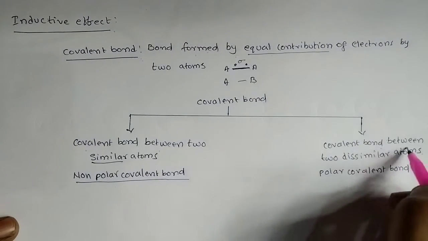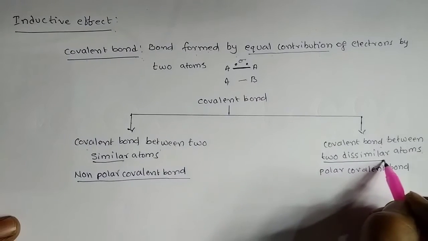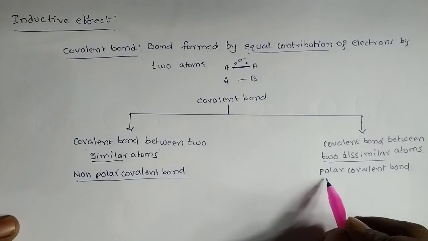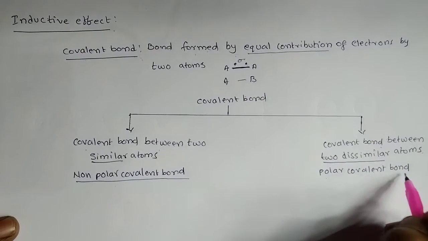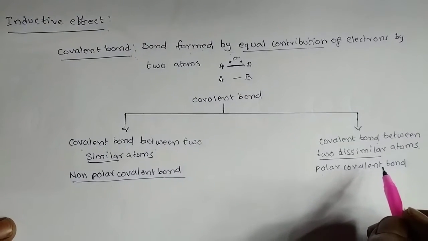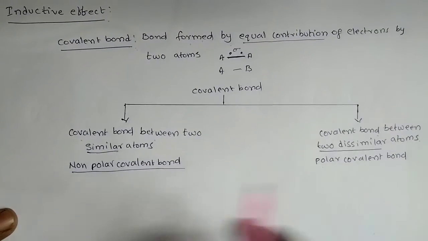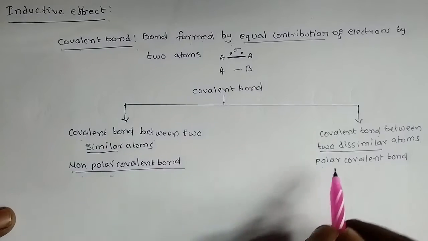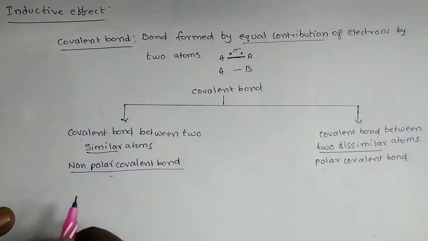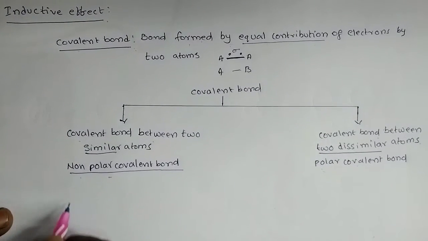And covalent bond between two dissimilar atoms is known as polar covalent bond. Now let us see with a diagram what is non-polar and what is polar covalent bond. First let us see non-polar covalent bond.